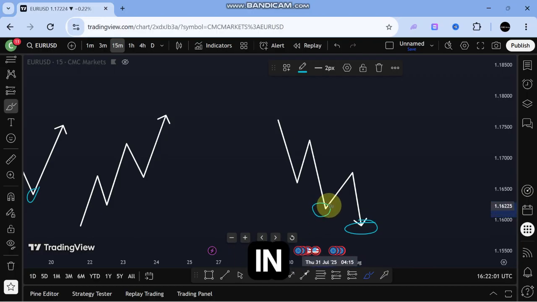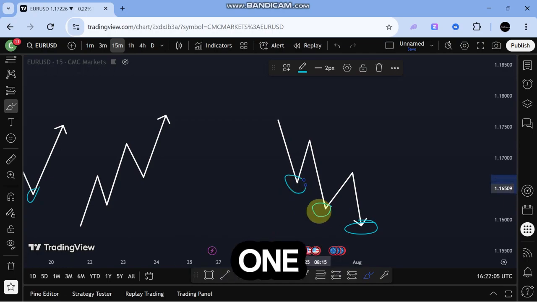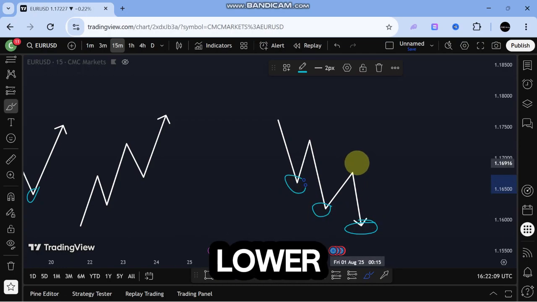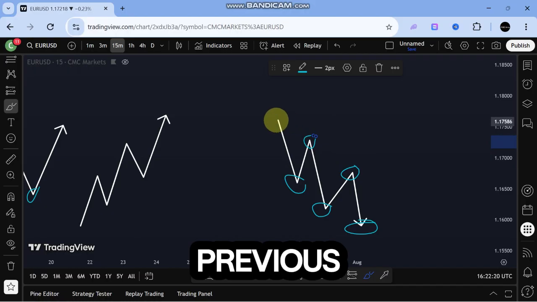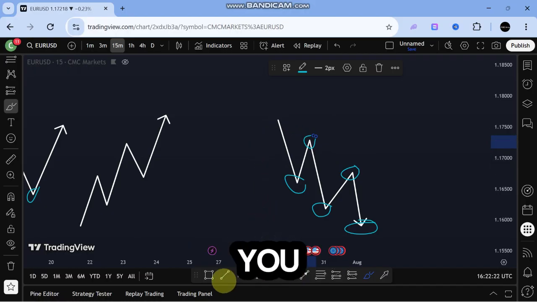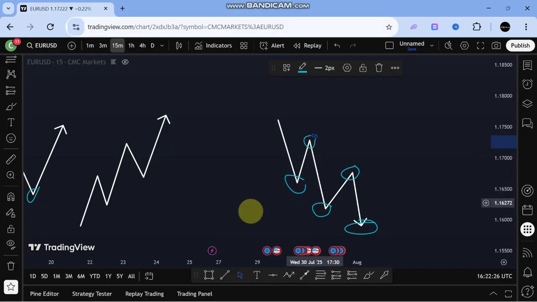And this low is also lower than this particular low. This is what we call a series of lower lows. This here is called a lower high. It is called a lower high because this high is lower than the previous high, and this other one is lower than the previous high.